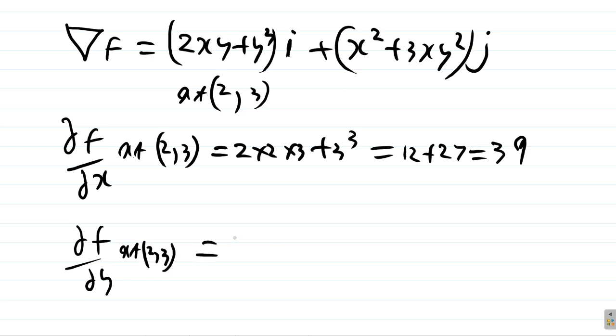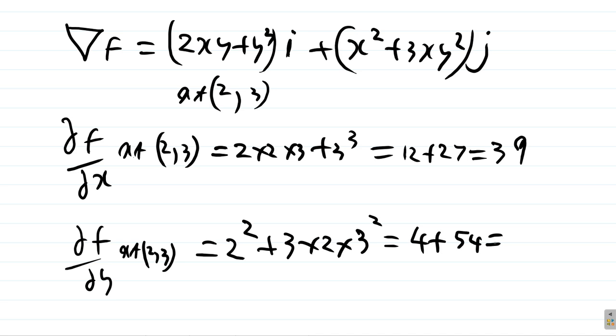Well, you have x squared. x is 2, so it's 2 squared plus 3 times 2 times y. y is 3, so it's 3 squared. So you have 4 plus 3 times 3 is 9, 9 times 2 is 18, 18 times 3 gives us 54.